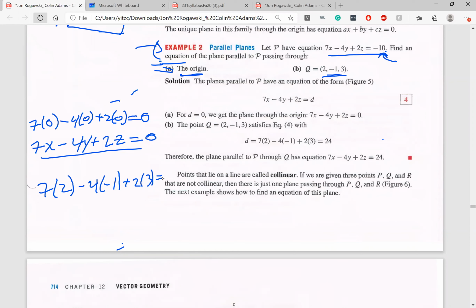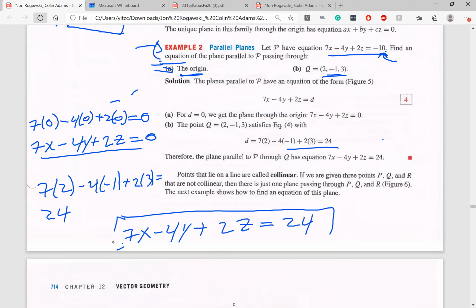And this is going to be equal to, I'm going to cheat now and just look at what they do, 24. So the equation is going to be 7x minus 4y plus 2z is equal to 24. And this is the equation of the plane that passes through the point Q.